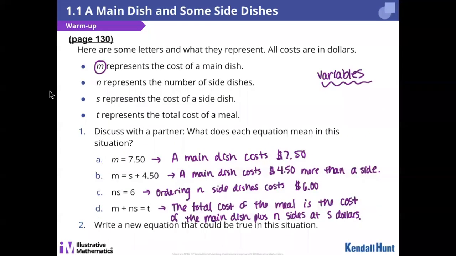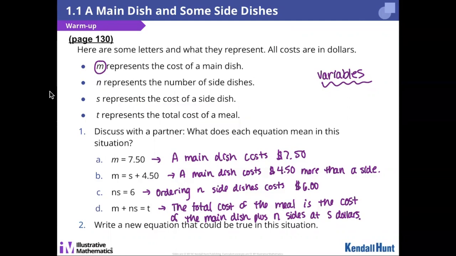Now, you do not have to have the exact same answers that I have, but for part B, it says M equals S plus 4.50. Really this is telling me we're still working with our main dishes. The equal sign tells us that a main dish is or costs $4.50 more than a side. If we're adding 4.50 and S together, that's exactly what it's telling us.